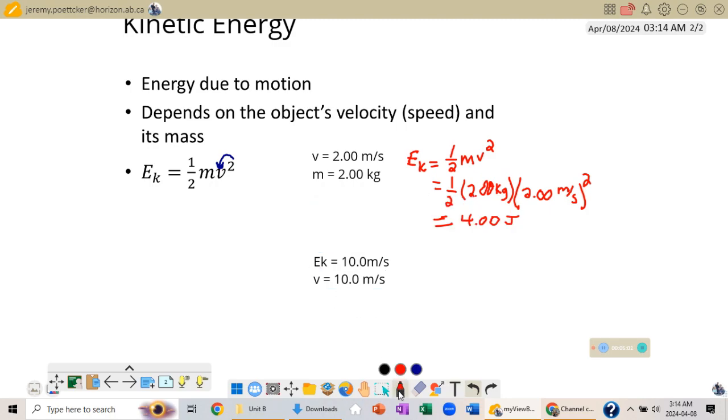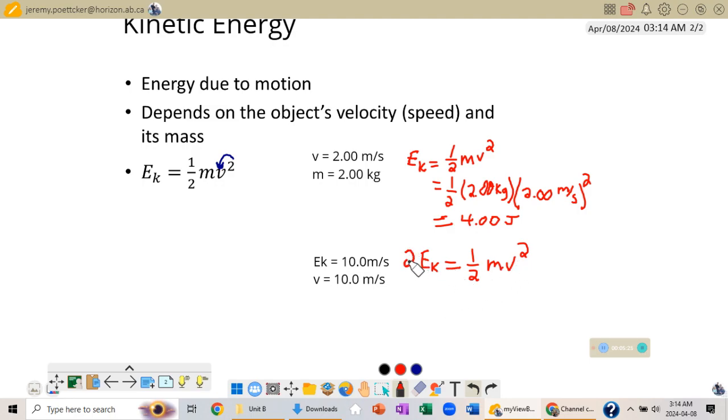So here's where the math sometimes gets a little bit woolly. I start with this. This is the formula I'm given. And I want to get mass by itself. So to get rid of the 1/2, I'm going to multiply both sides by 2.